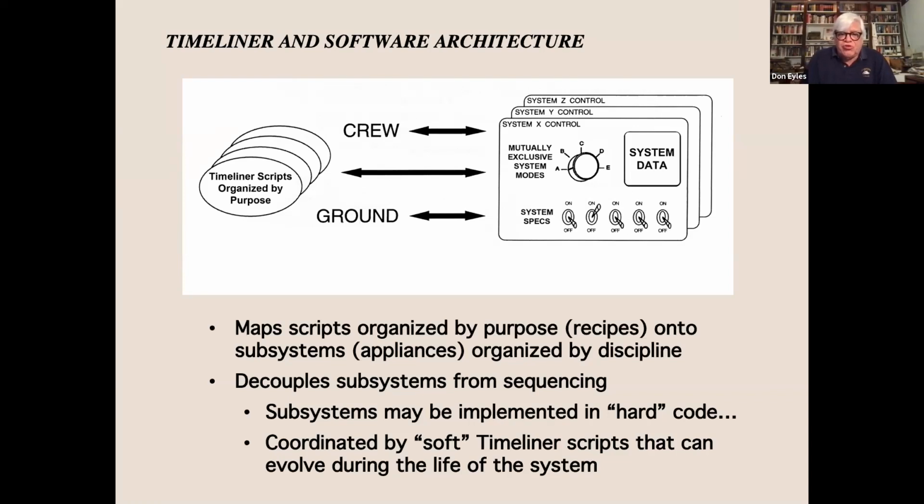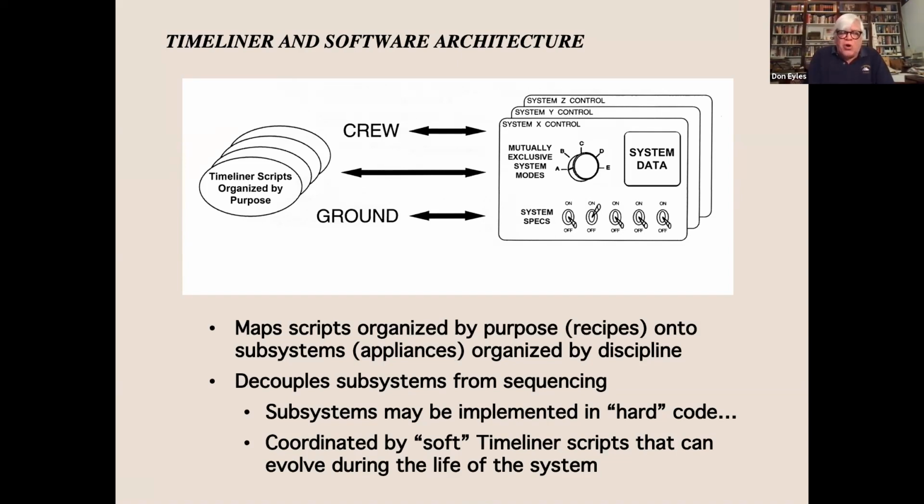then if the subsystems are conceptualized that way, something like Timeliner scripts can utilize those subsystems to accomplish some mission segment or some task. In other words, scripts that are organized by purpose, and that's analogous to the recipes you might use in a kitchen.